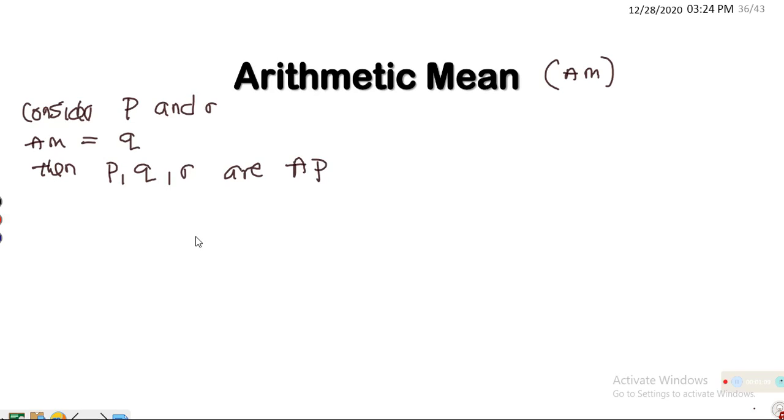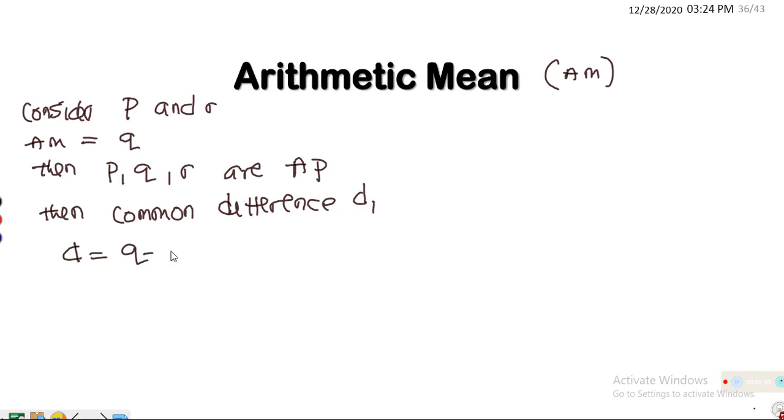If P, Q, and R form an AP, you can find the common difference D. So D equals Q minus P, and D equals R minus Q. Call this 1 and this 2.